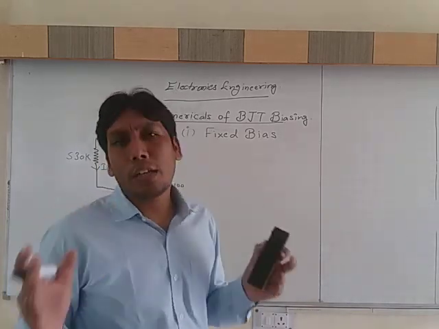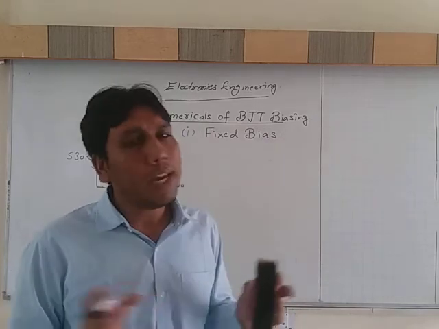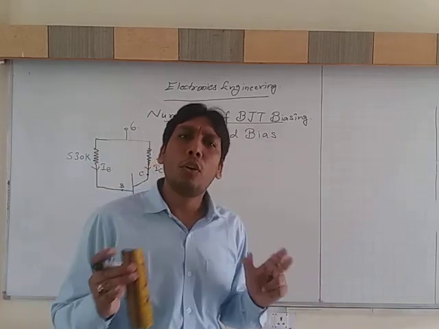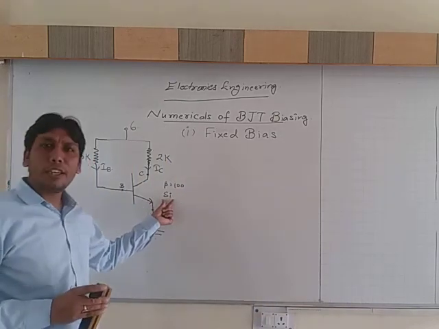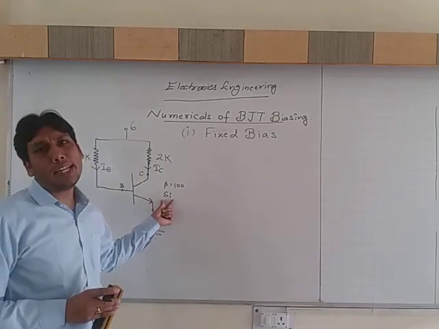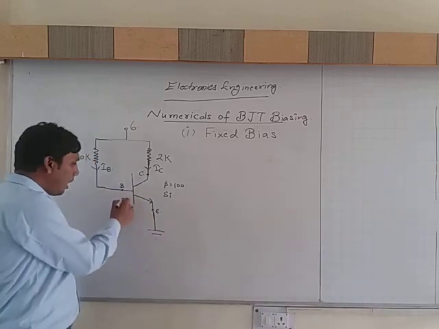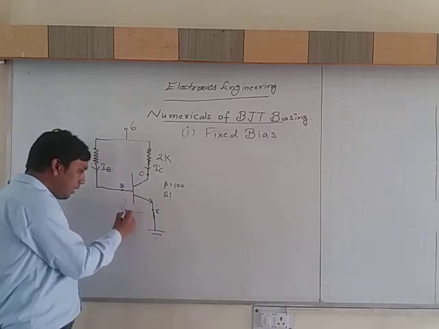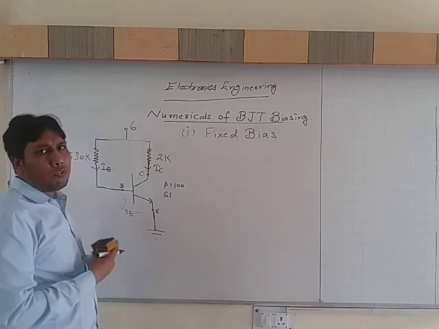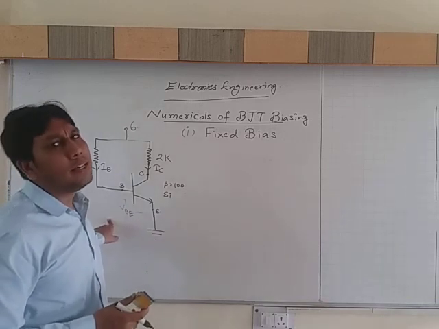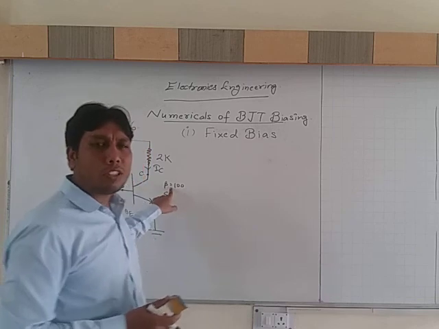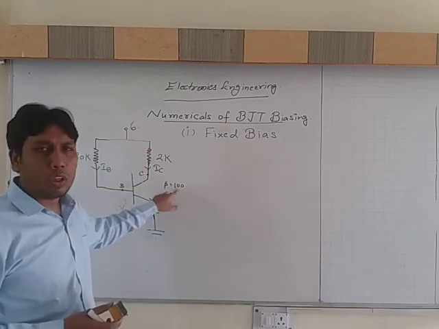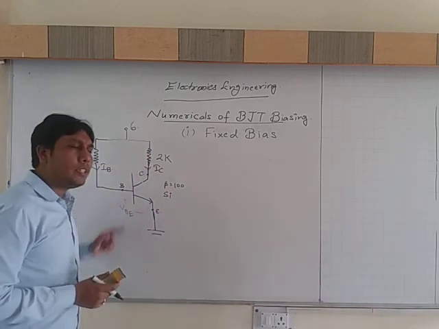If the transistor is ideal type, then we can neglect the value of VBE. Since in this question the transistor is silicon, we will take the value of VBE as 0.7. The amplification factor of this transistor is given as 100. So let us start with this circuit.